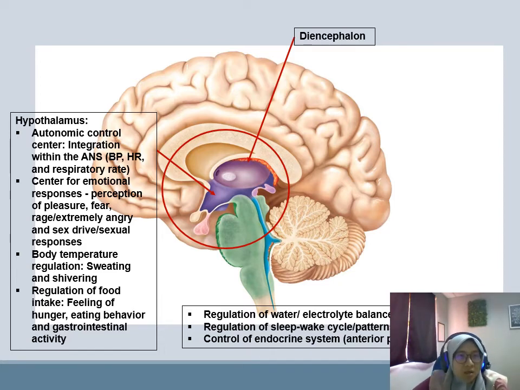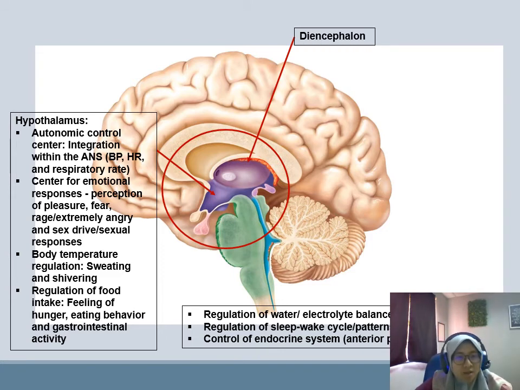The hypothalamus has many functions. Autonomic control, integration within the ANS, such as BP, blood pressure, heart rate, HR, respiratory rate, center for emotional responses. You feel pleasure, fear, sexual responses, body temperature regulation, you sweat, you shiver, you respond to the outside environment.